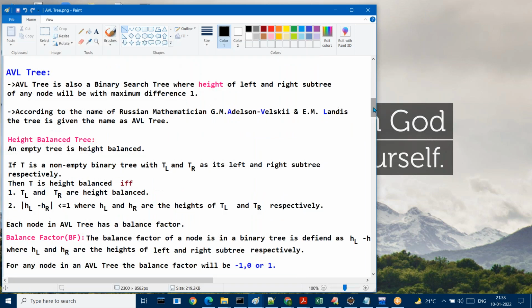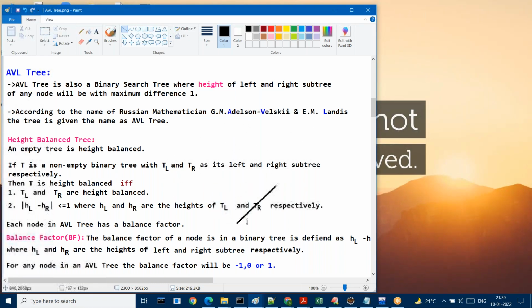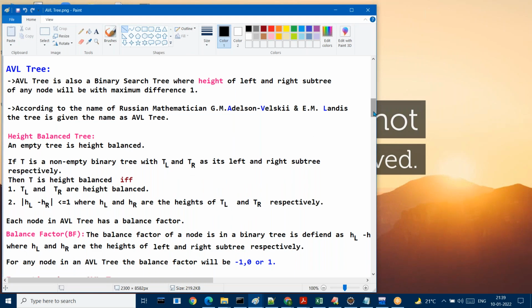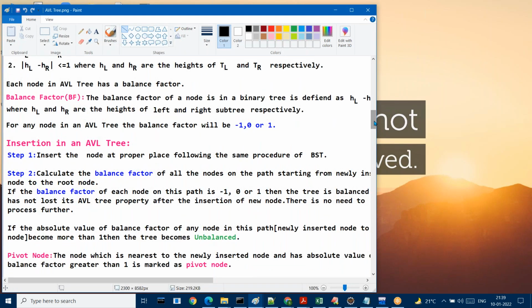Then we have seen some definitions. AVL tree is named after the Russian mathematicians Adelson-Velsky and E.M. Landis. Then we have seen what is called a height balanced tree. Then we have seen what is called balance factor. How to calculate balance factor? Very easy, sir.